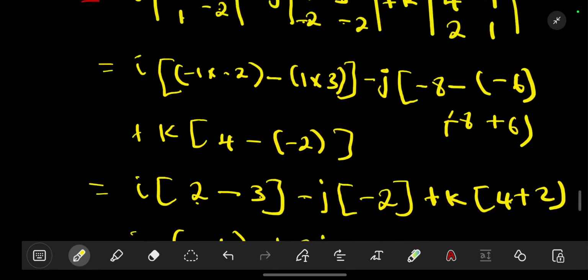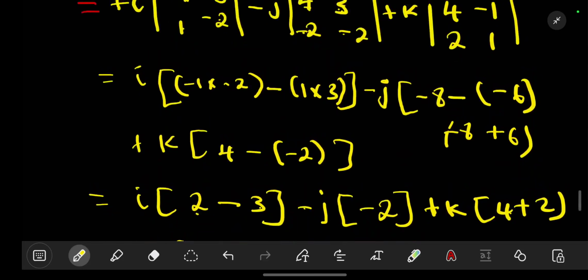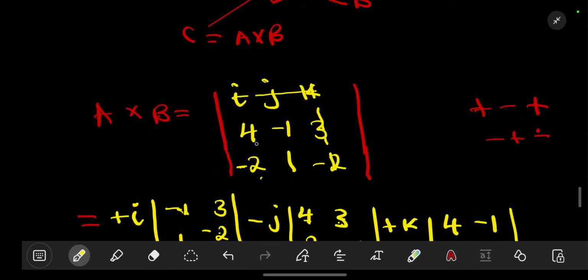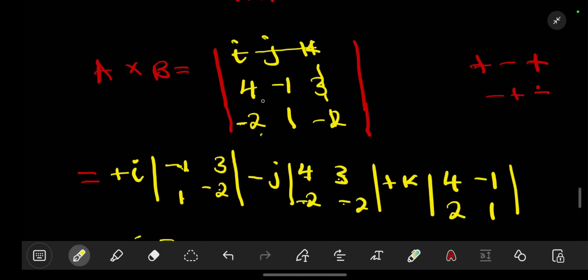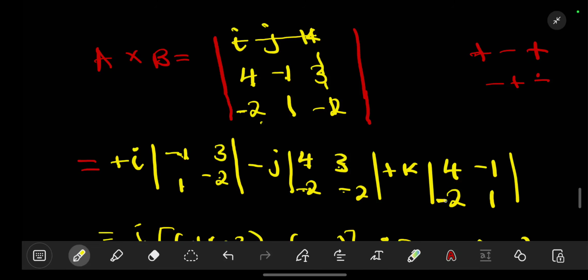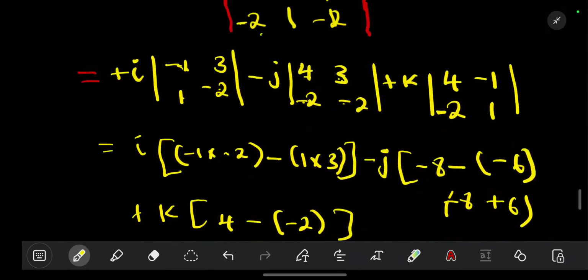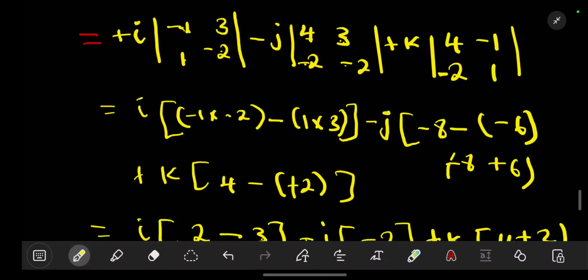Is it 6k? Just because of that simple mistake, it has complicated things. So when we took out k, we were remaining with a negative 4, negative 1, negative 2, 4, negative 1, negative 2. So we are going to have a positive here.